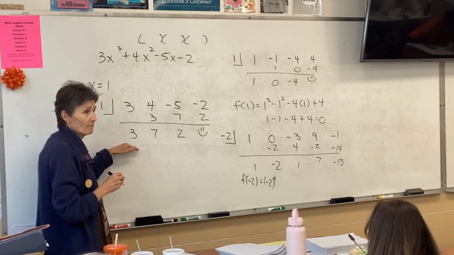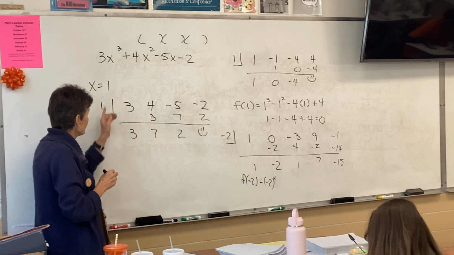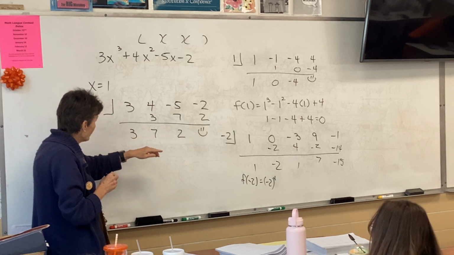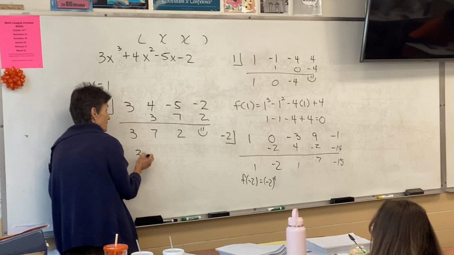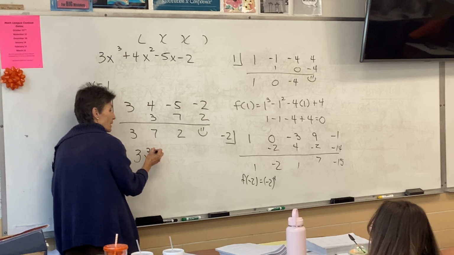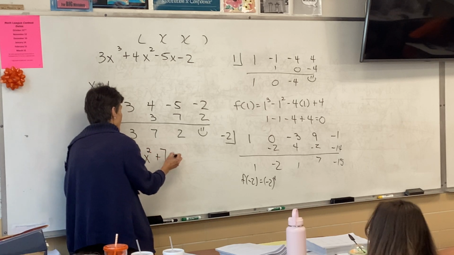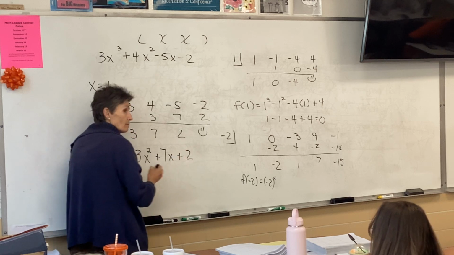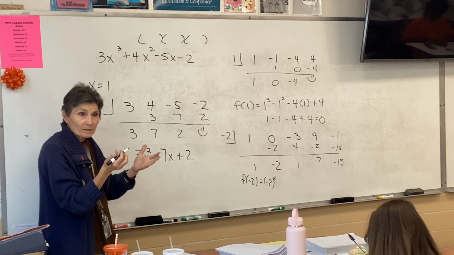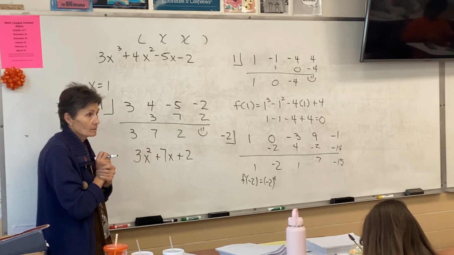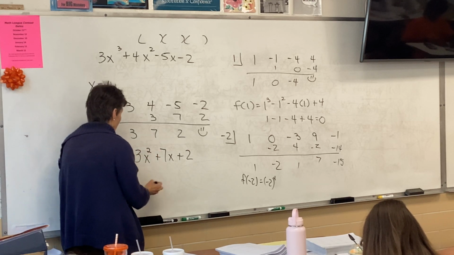Now what's left? I divided out what they told me. I divided it out, got 0. What's left? 3x squared plus 7x plus 2. Now what do we do with that? Well, good luck with that.